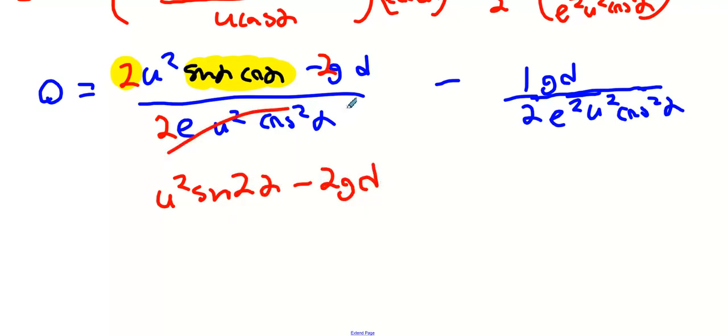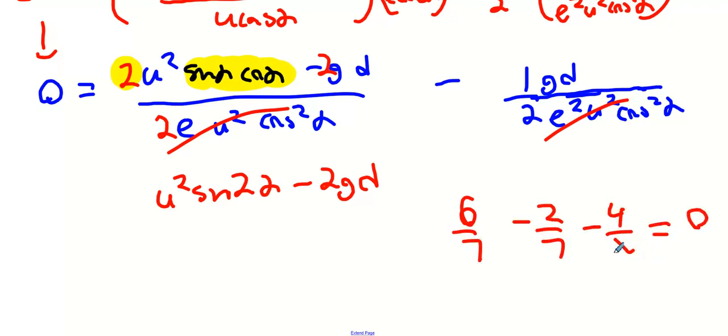Why don't the denominators matter anymore? Because when do you notice the answer is 0? It's never the denominator that causes stuff to be 0. It's always the numerators. So for example, like 6 over 7 take away 2 over 7 take away 4 over 7 equals 0. Yeah? It's not the 7s I care about. It's the 6, the 2, and the 4 that causes it to be 0. So I don't have to care about the bottom at the moment.